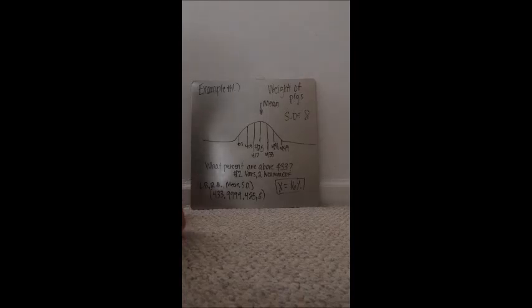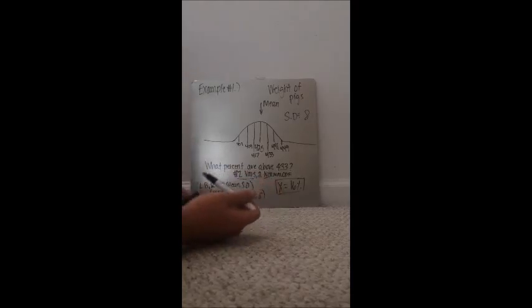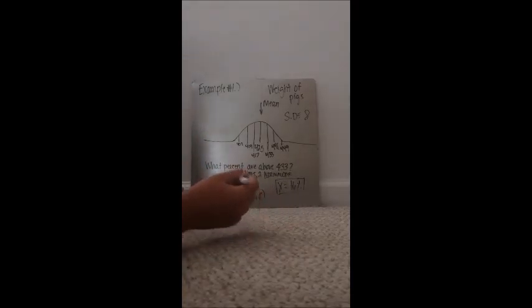So it says what percent are above 433. Even though that sounds kind of complicated, it's not really, because your calculator does all the work. You go to second vars on your calculator, and you go to number 2, which is normal CDF. We don't use the first one, because that doesn't give us the data we need. You find the left bound of what you're asking for.